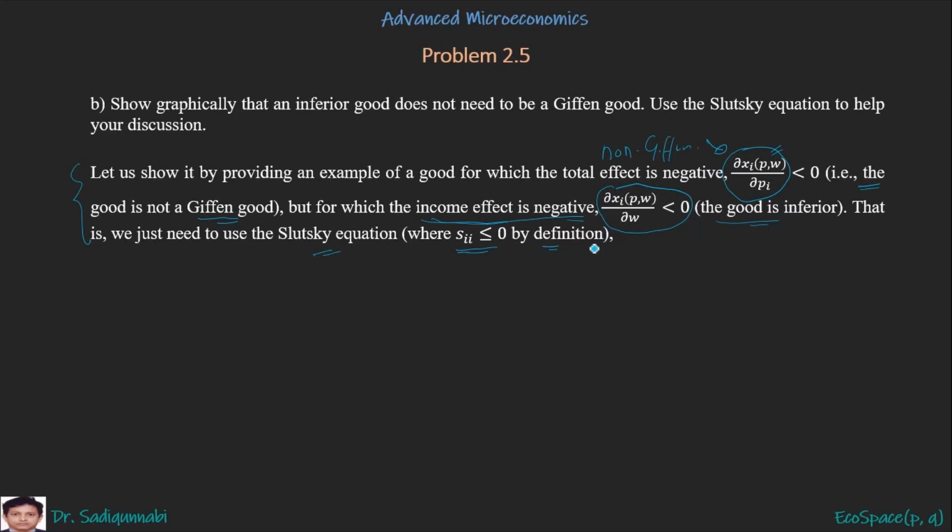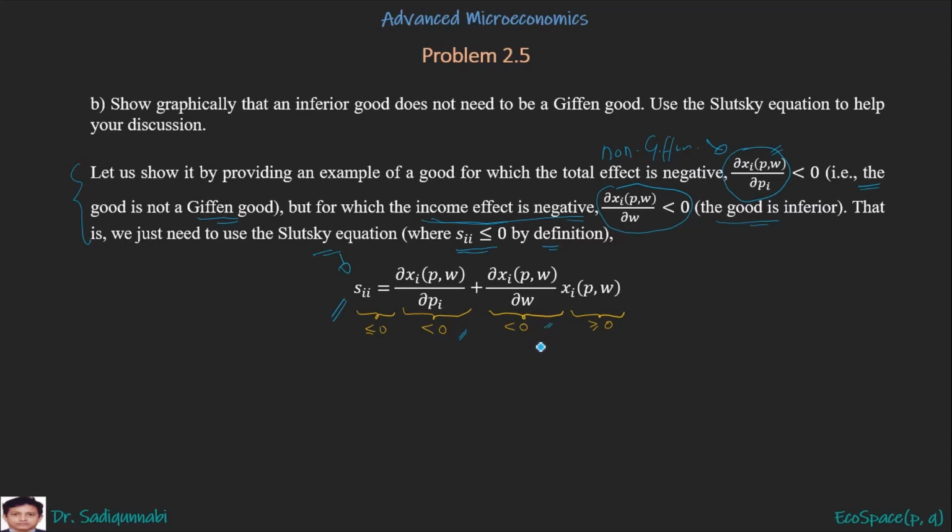Income effect is negative, and we use this Slutsky equation. So negative substitution effect, obviously, negative total effect for a non-Giffen good, and negative income effect for an inferior good.